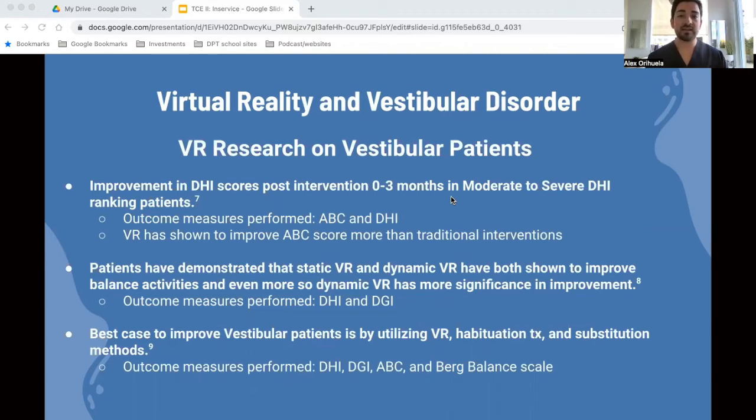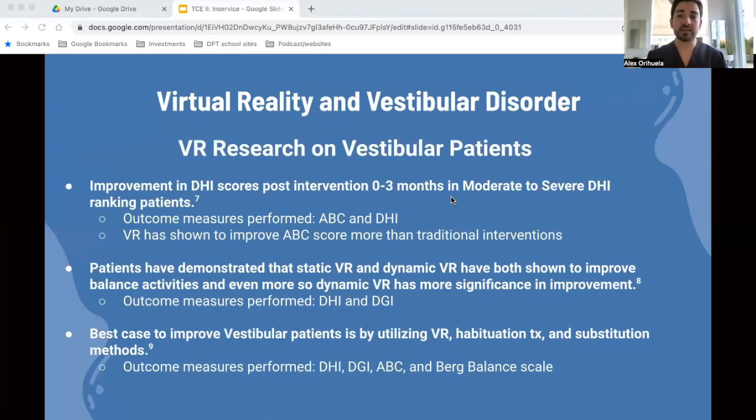When looking at static and dynamic virtual reality exercises, there is a more effective treatment when patients are using dynamic virtual reality exercises. According to Heffernan et al., virtual reality has shown to improve DHI and balance confidence, aka ABC scores, more than a traditional rehab program. Overall, virtual reality has shown to improve DHI and ABC scores greater than 3 months post-intervention.